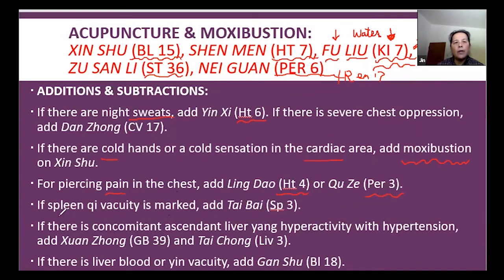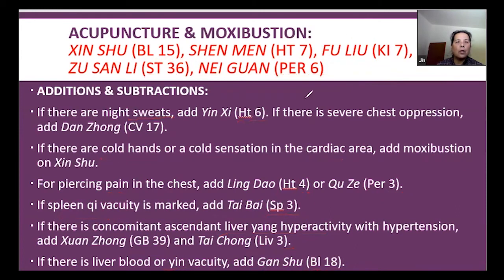For spleen qi deficiency, we go to the yuan source point of the spleen to tonify, that's spleen 3. For liver yang rising conditions, we go to the gallbladder channel and the liver channel. For liver blood deficiency and liver yin deficiency, we go to the back-shu point of the liver. So that's for these pattern manipulations.